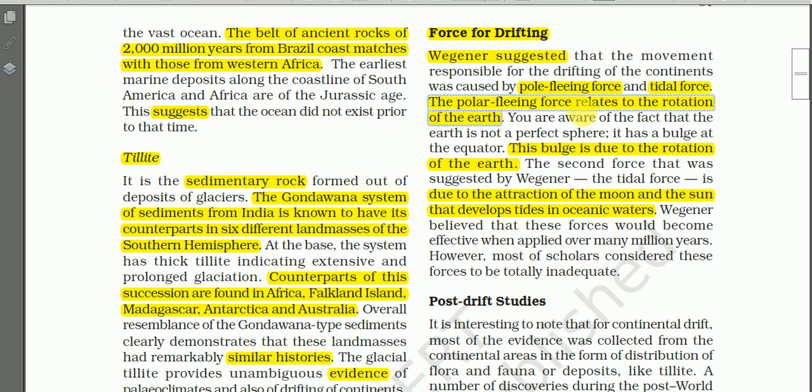The pole fleeing force relates to the rotation of the Earth. We know that the Earth is rotating on its own axis at a very high speed, and because of this rotation it has a bulge at the equator. This is according to Alfred Wegener.